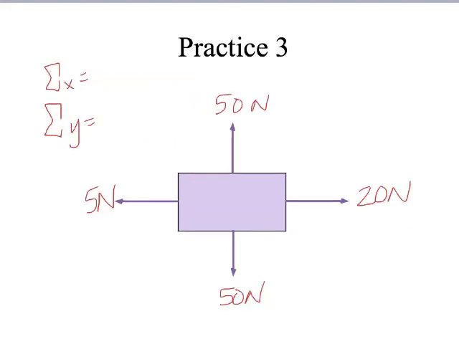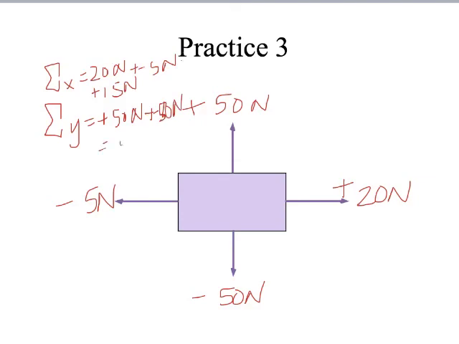So one more example, we have the sum of x is, let's see, positive, positive, negative, negative. So we have 20 newtons plus negative 5 newtons gives us a positive 15 newtons. And the sum of our y's would be plus 50 newtons plus negative 50 newtons, and that is equal to 0 newtons.